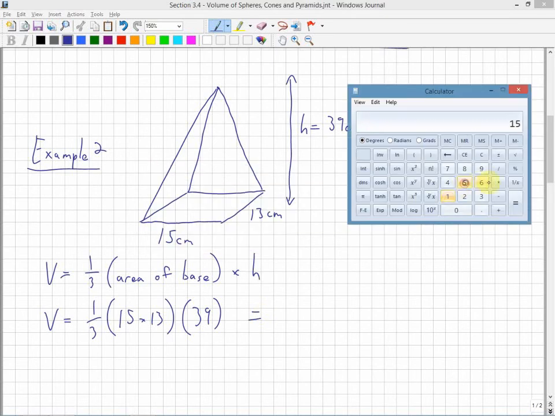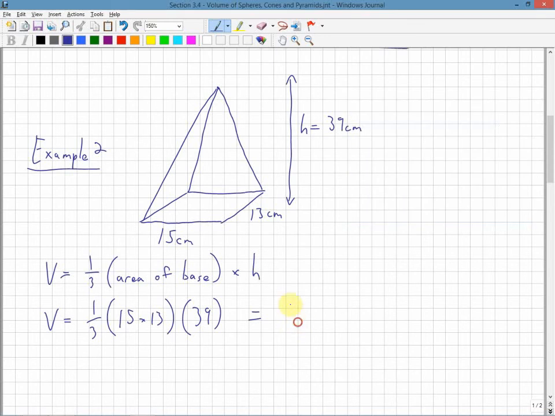So I get 15 times 13, that's the area of the base, divided by 3, or times 1/3, and then times the height, which is 39. So I get an answer of 2,535. And again, this is cubic units because we're dealing with volume. So there's the volume of a pyramid.